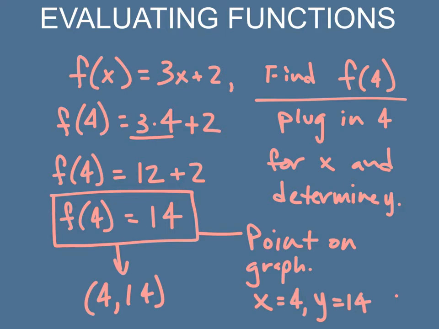So if you plug a number into a function, you should get another number out. You're plugging in an x value, and a y value pops out. That's all you're doing. It's pretty simple, but it's just a little weird because you're using this notation with an f and parentheses and all that. Let's take a look at another example.